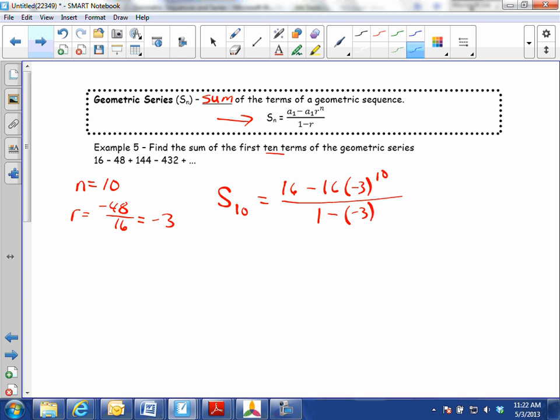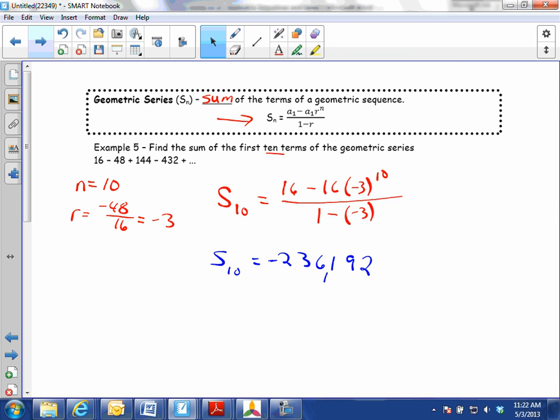No, I don't think that's right. 236,196. You got it. Although I have a negative. I can put it in parentheses. Okay, let's see. So negative 3 to the 10th power is going to be a positive, right?